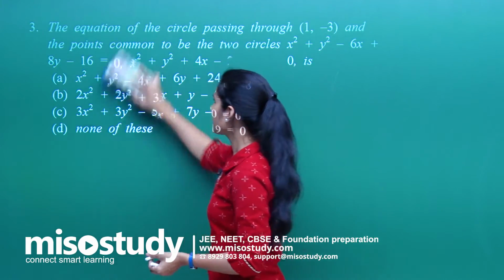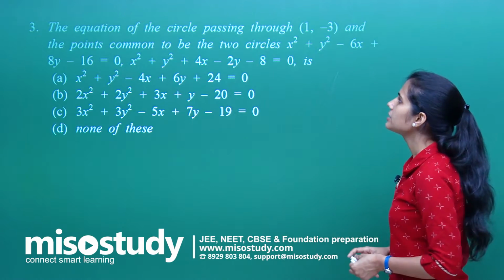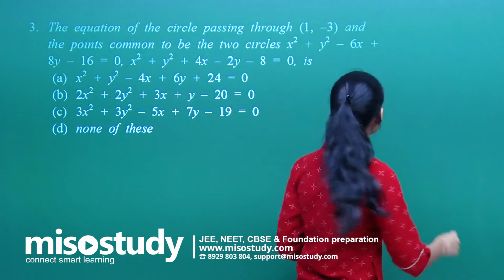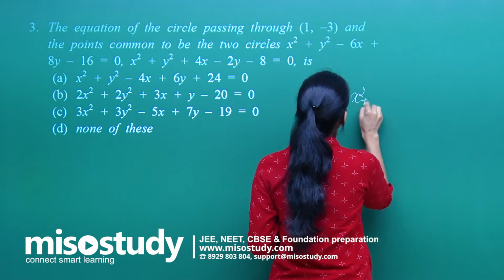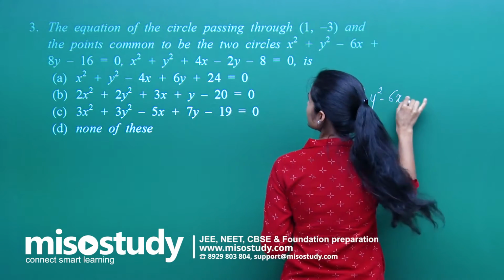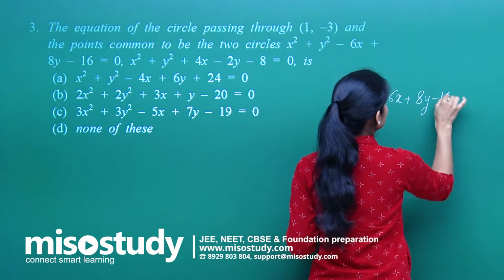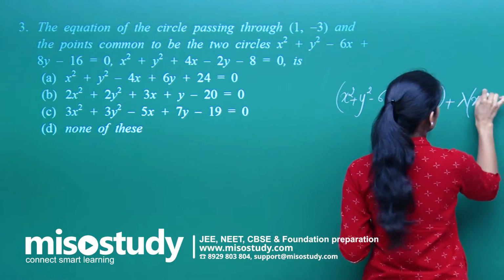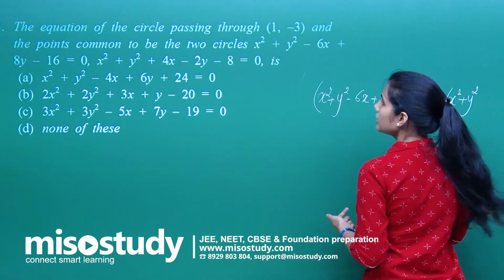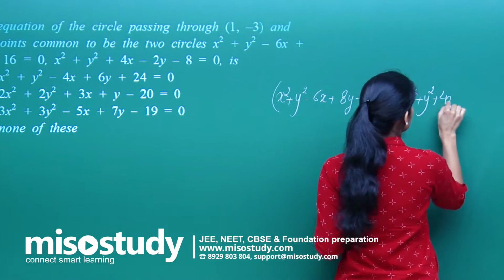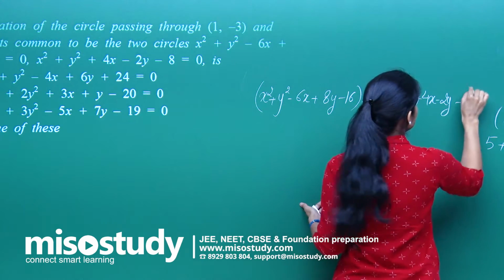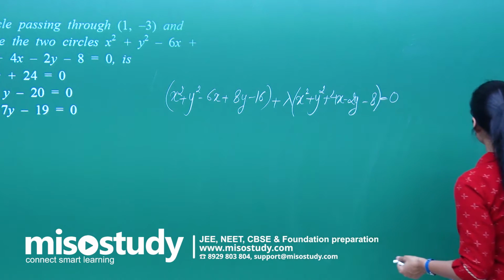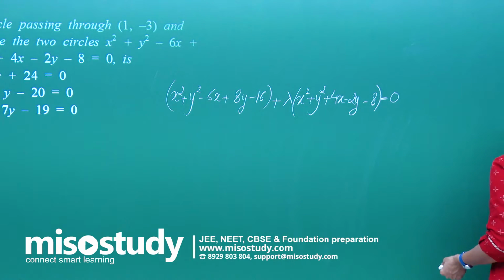Now here the concept comes into picture, that if there is a circle passing through the intersection of these two circles, its equation is given by x square plus y square minus 6x plus 8y minus 16 plus lambda times the other circle, which is x square plus y square plus 4x minus 2y minus 8 equals 0. So that's how the equation of the circle is understood.